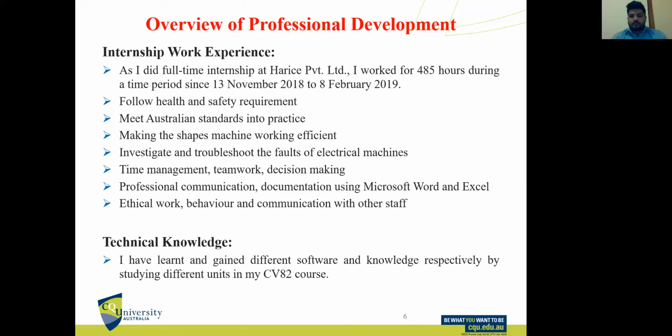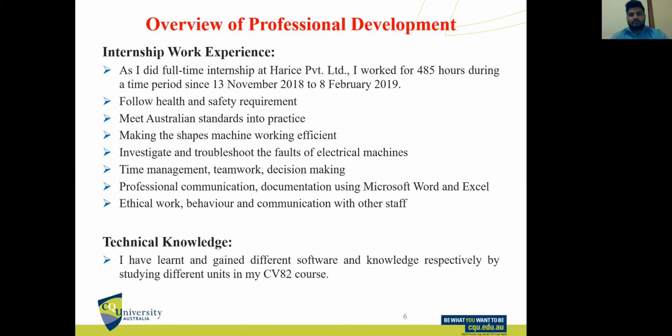I applied all my theoretical knowledge to the practical world, and I learned a lot of things. I followed the health and safety requirements, put Australian standards into practice, and made a shapes machine work efficiently, which was my project.